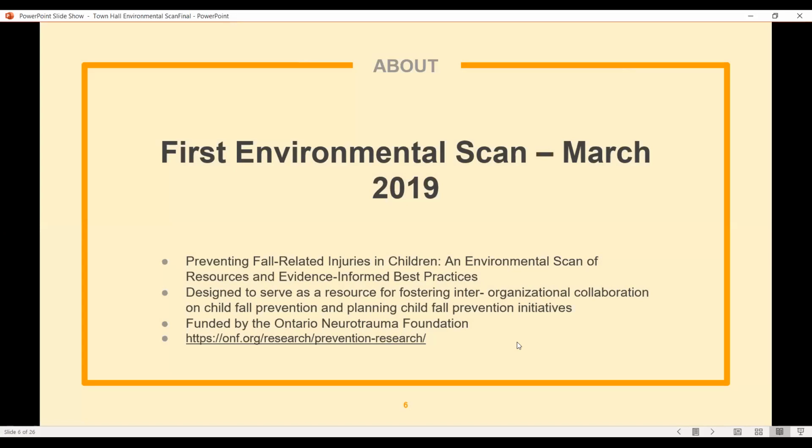So the first scan was released in March 2020 and was very much prompted by the level of activity in Loop Junior, which is the online community of practice on childhood fall prevention, whereby the assumption was made that there would be a great interest and participation level, and that people would share information.